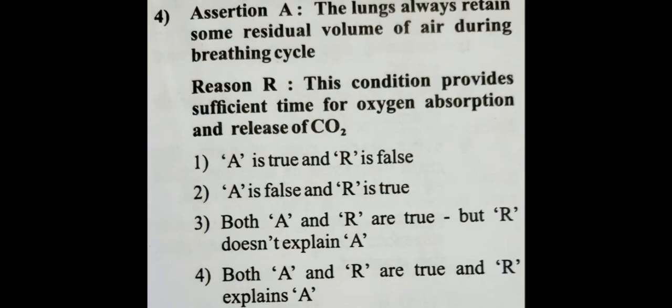The options are given. First option, A is true and R is false. Second option, A is false and R is true. Third option, both A and R are true but R does not explain A. Fourth option, both A and R are true and R explains A.